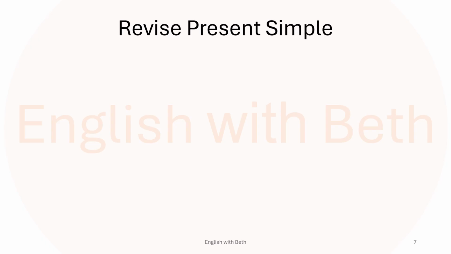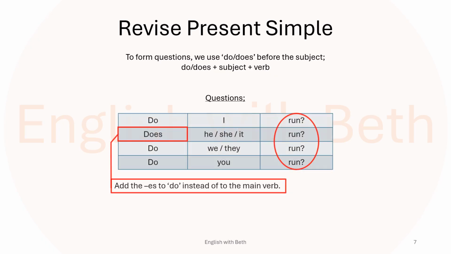To form present simple questions, we use do or does before the subject. Do or does plus subject plus verb. So do I run? Does he, she, it run? Do we, they run?